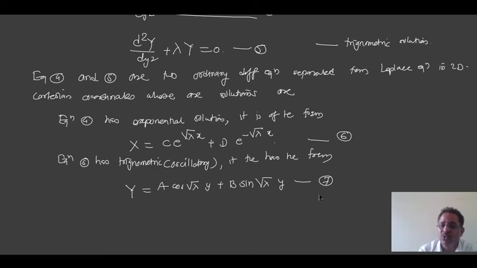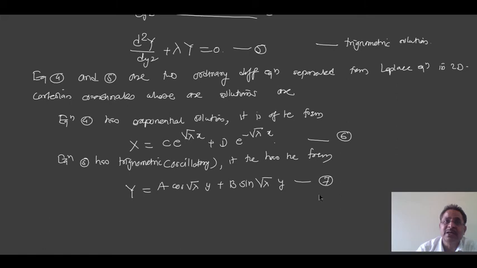You have to work out how to get the solution of the second order ordinary differential equation d square X upon dx square minus lambda X is equal to 0, as well as the second ordinary differential equation d square Y upon dy square plus lambda into capital Y is equal to 0. The solution of the latter will be oscillatory, and the solution of equation number 4 is exponential, given in that particular form.